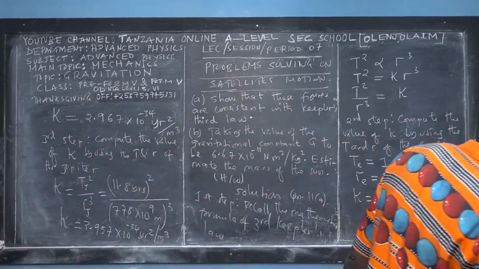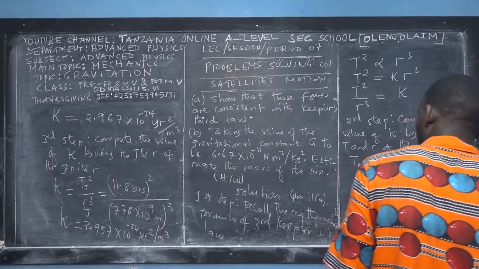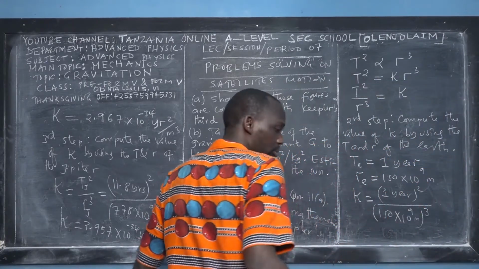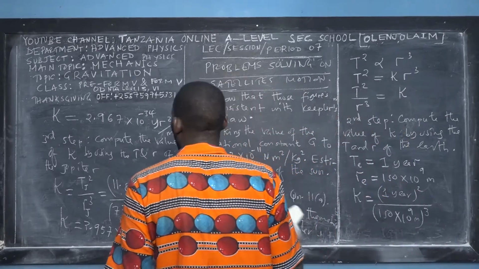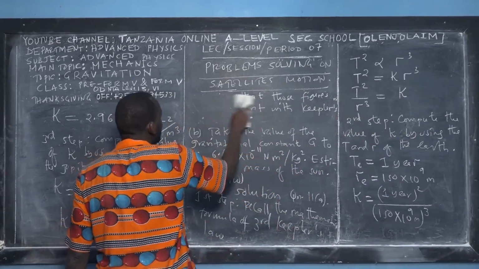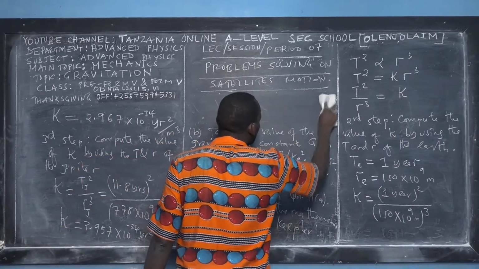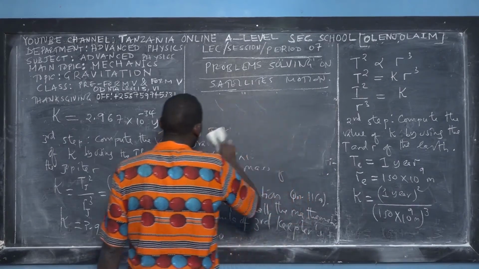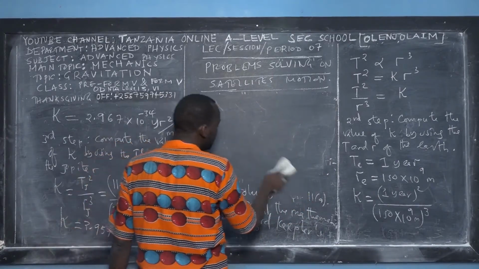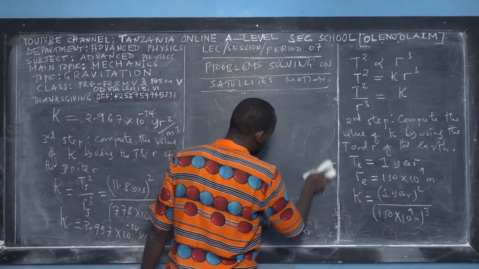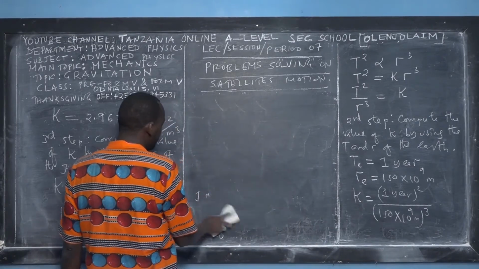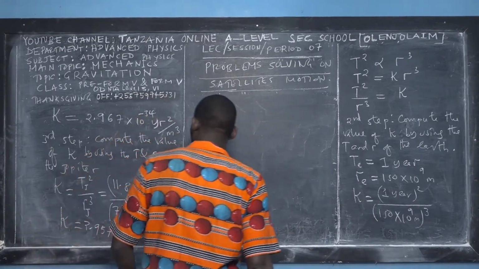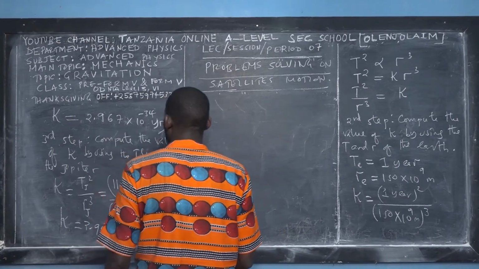So from those values, you find that in both cases we found the value of the proportionality constant is the same. Because these values are the same, then we say that the figures are consistent.